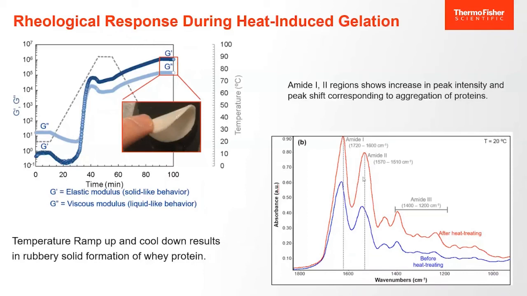If we look at the FTIR spectrum, what we learn is that there are significant changes in the amide 1 and 2 peaks, indicating that there is some aggregation of protein that has happened, as there is a downshift in the peak position, as well as a change in the intensity of the material.